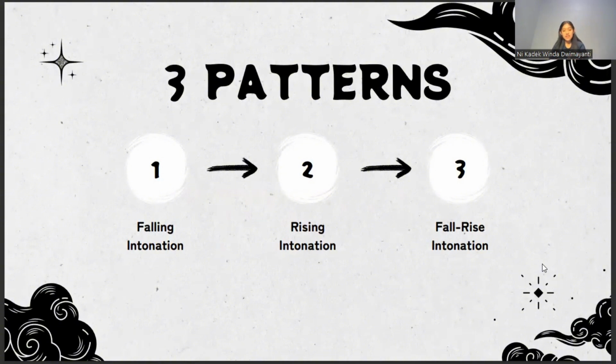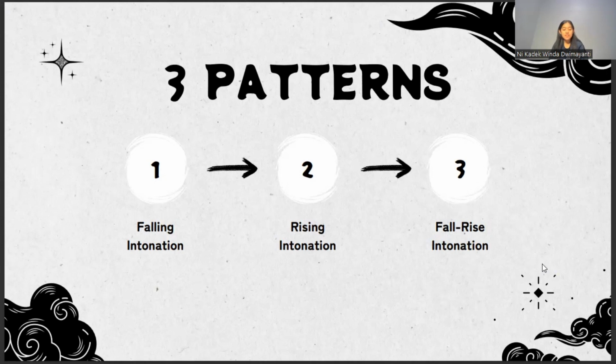Rising intonation is characterized by a rising tone of voice at the end of the sentence. And the last is fall-rise intonation. Fall-rise intonation is characterized by a rising tone of the voice at the beginning and falling intonation at the end of the sentence.